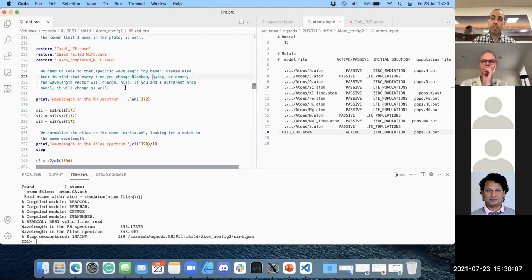And also, if you add additional atoms, then the wavelength vector will also increase based on the configuration of N lambda, QWin, and QCore for that new active atom. So just be aware that the wavelength vector will always depend on your atom configuration. If you are picking a specific wavelength range for some purposes, changing things in your atom will also change that. So just be aware of that.